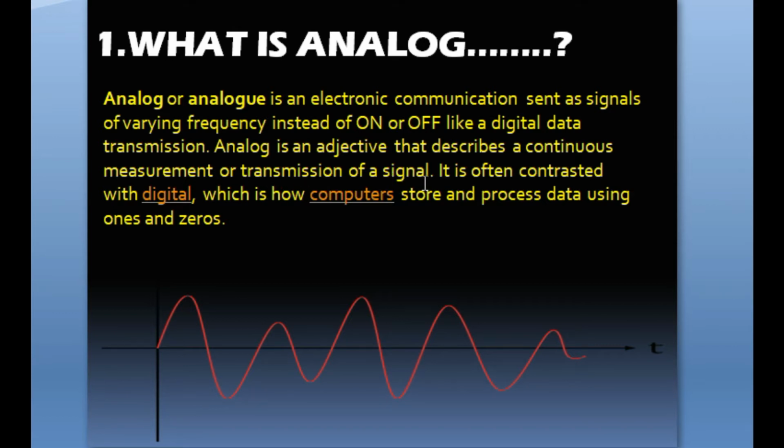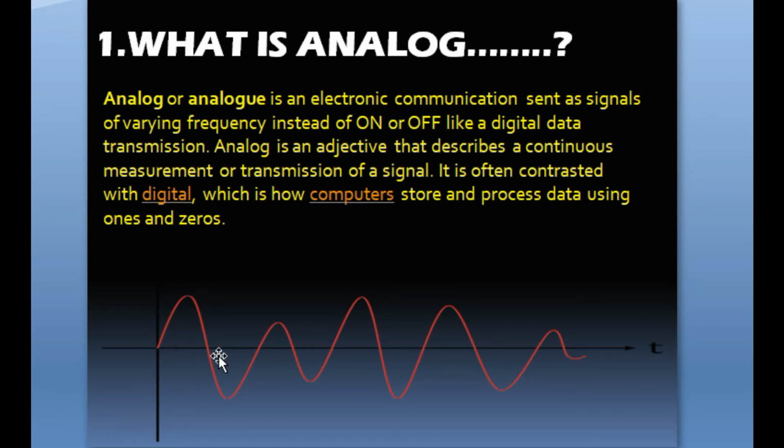This is the most important part of these sessions. Digital depends on two states, on or off, that means high or low. But an analog signal changes its value every second or every nanosecond.